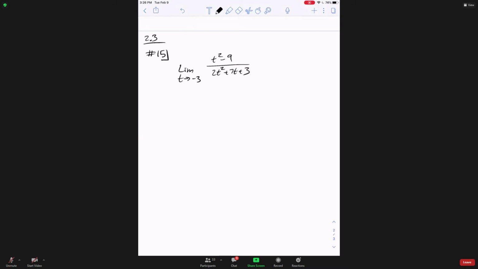In fact, I was going to have you guys do this. So number 15, limit as t goes to -3 of this expression. If you try to plug in -3, you're going to get 0 over 0. So you simplify.